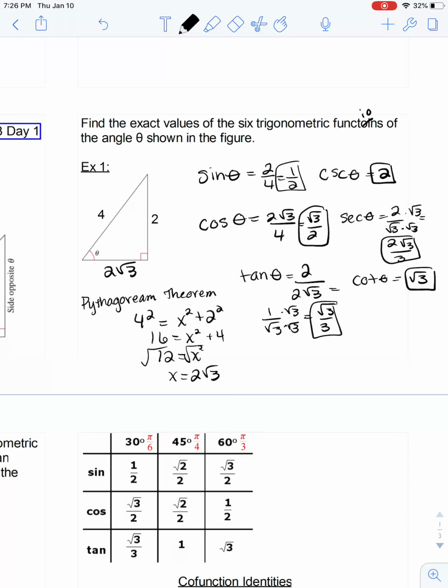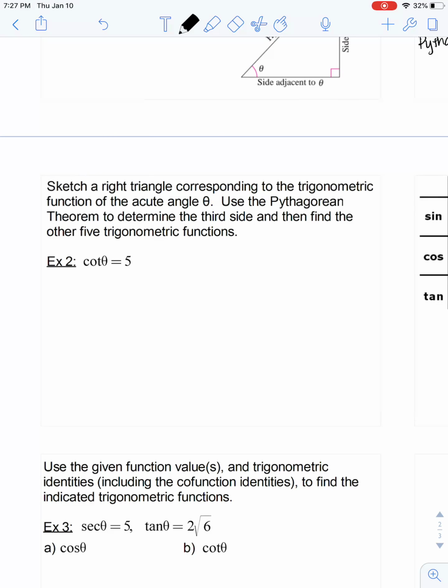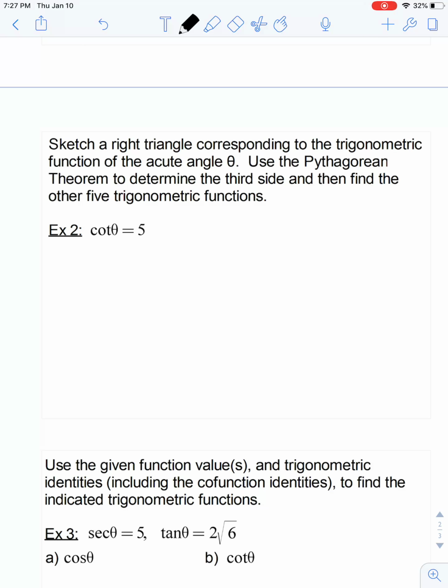So looking at the next problem, it's the same kind of thing. Sketch a right triangle. Oh, this time they don't give us the right triangle. To this corresponding trig function of the acute angle theta. Use Pythagorean theorem to find the third side, then find the other 5 trig functions. Okay, let's draw a right triangle.